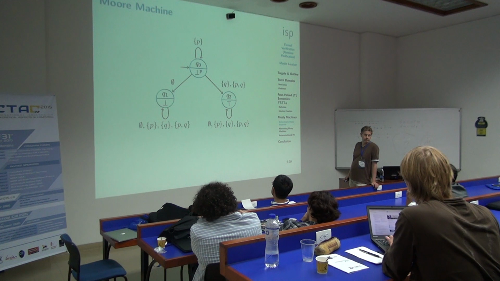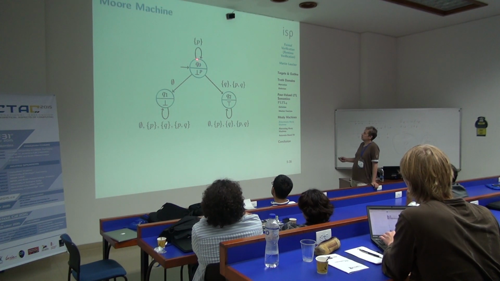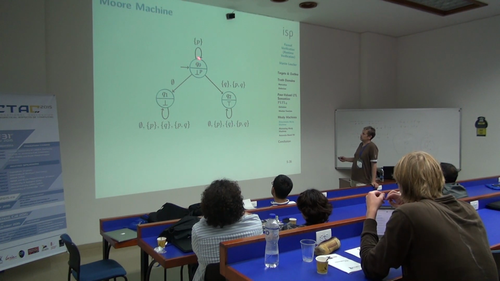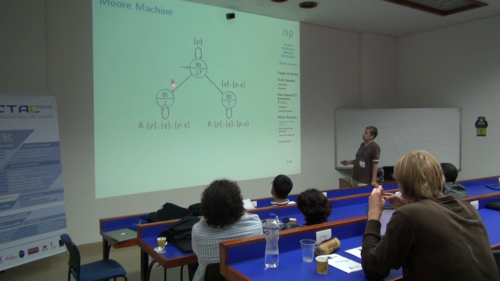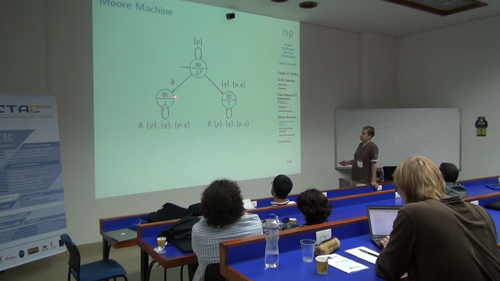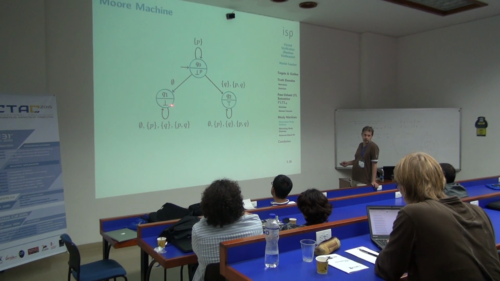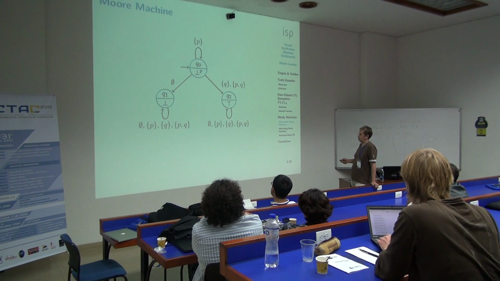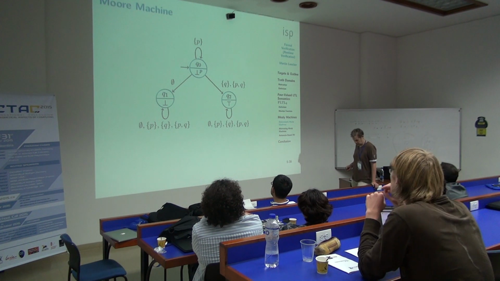It checks P until Q, right? If you read P, we stay in the current state, everything is fine. If you don't see P anymore, and if you don't see Q, then we have lost, we output false. And once we see Q, maybe together with P, maybe just alone, we're happy, and we stay in this state as well.